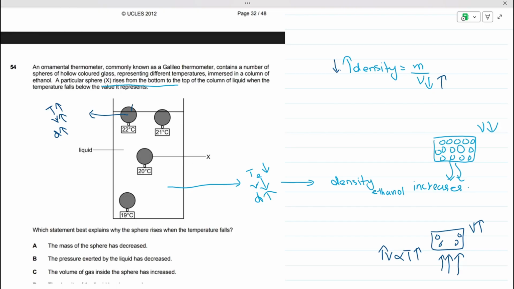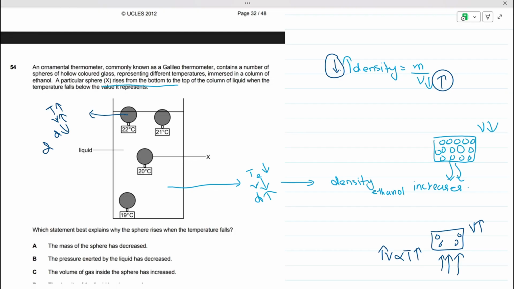I'm sorry, let me correct myself. If temperature increases, according to Charles law, temperature is directly proportional to volume, so volume also increases. And when volume increases, the density decreases. So here we have density decreased.